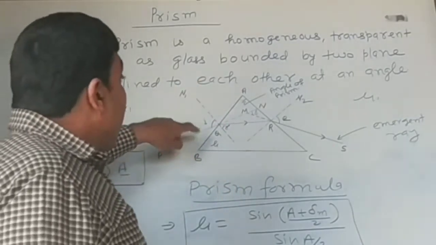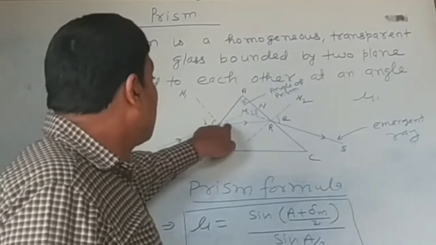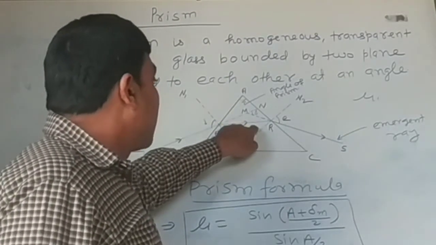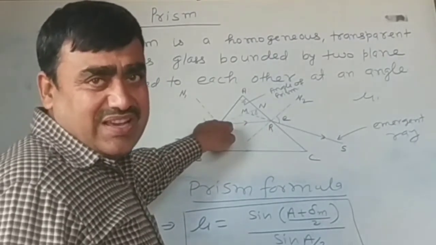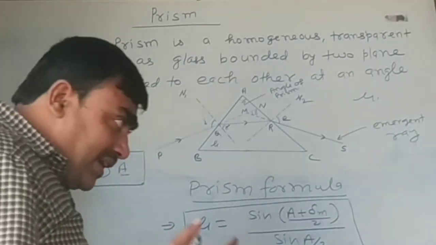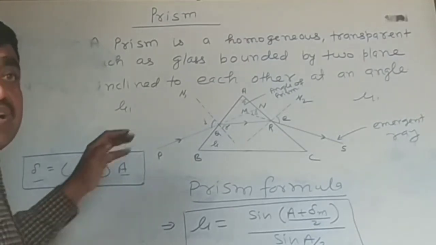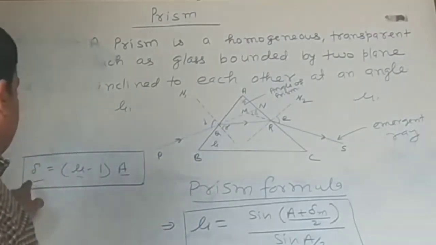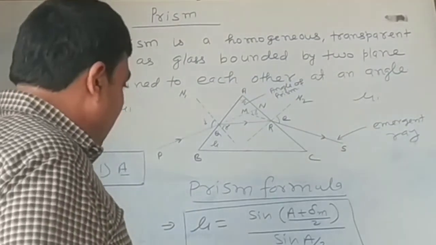Like that, the angle between the normal and the refracted ray, in this case QR is the refracted ray, is called angle of refraction. Okay, so what is the relation between angle of deviation and refractive index? This relation is denoted by delta is equal to mu minus 1 into A.